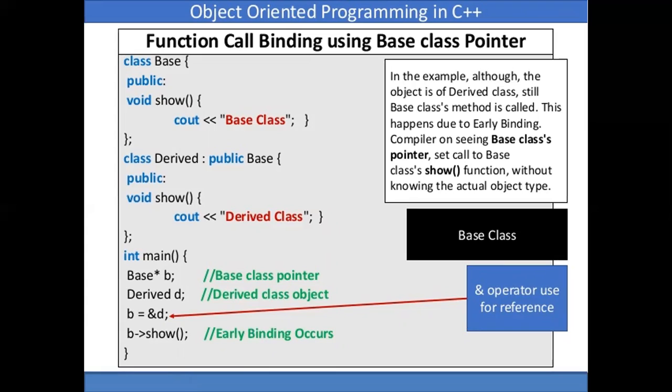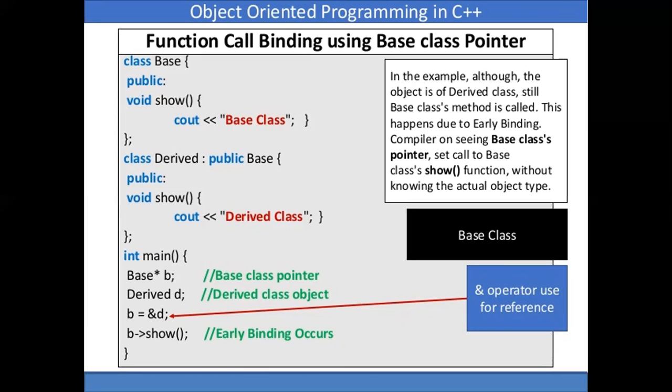Means here also early binding occurs if you are making a pointer and assigning the address of a derived class, but it will not show the function which is assigned here. Means here also early binding is done.